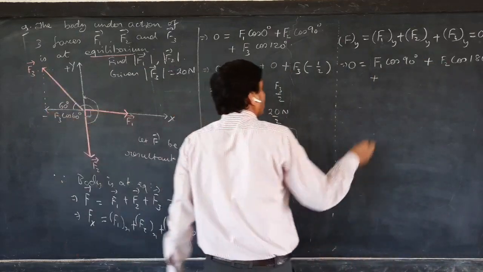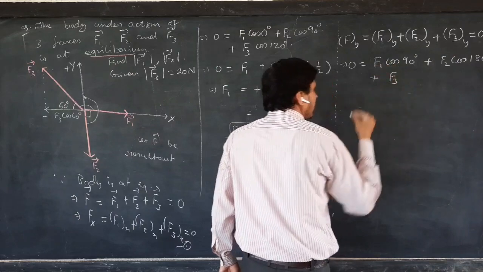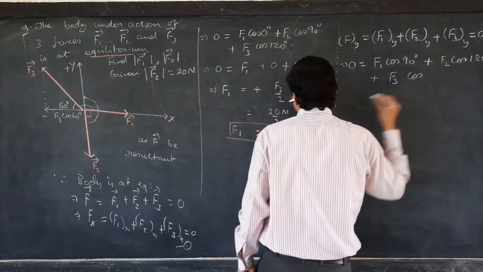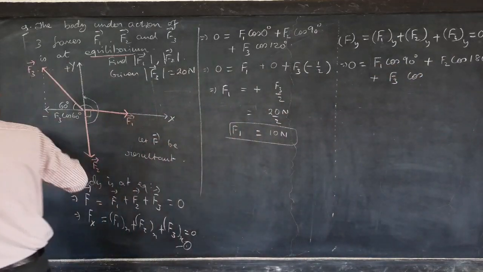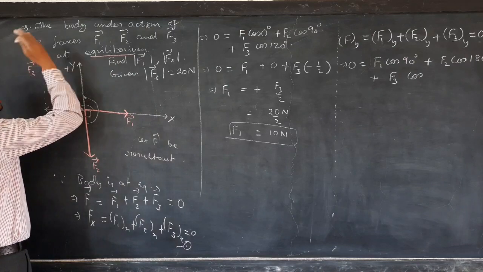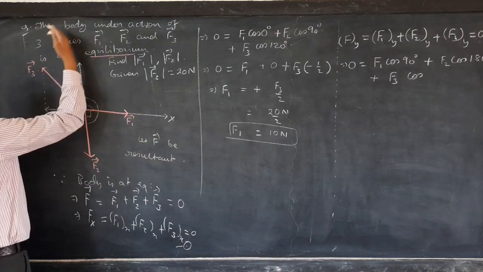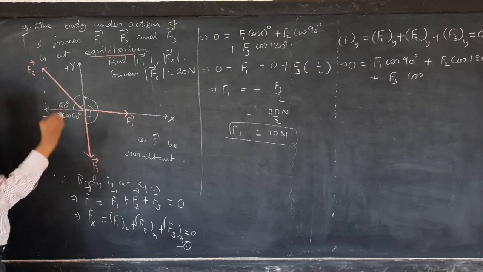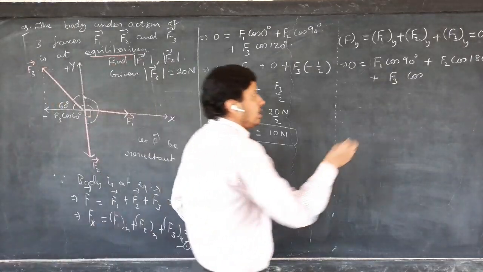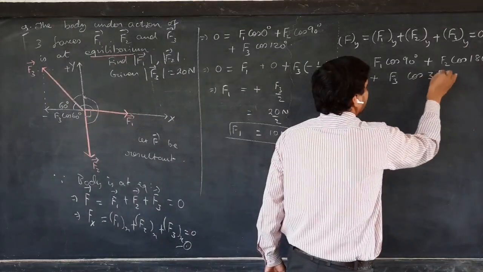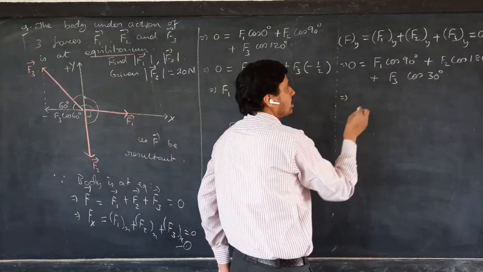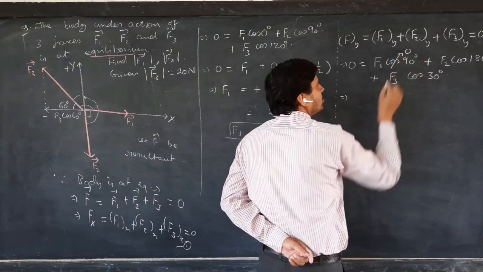This is F3 vector. So its magnitude I write as F3 into cos of angle which it makes with y-axis. This is F3 vector, this is y-axis, this angle you need to know. Now this angle will be 90 minus 60 degree, that is 30 degree. So cos 30 degree. So let us simplify it quickly. Cos 90 becomes 0.